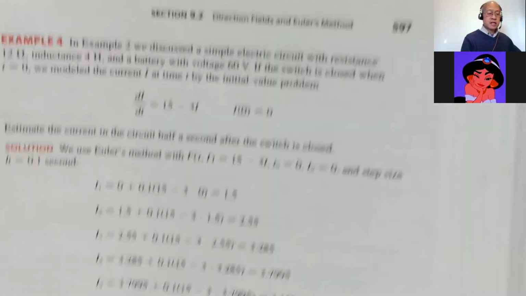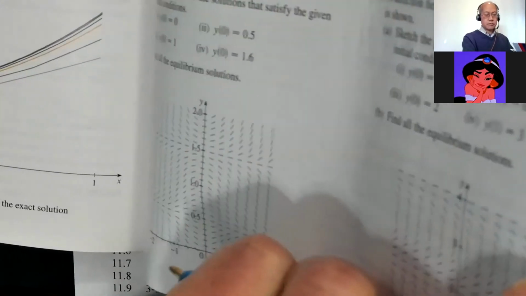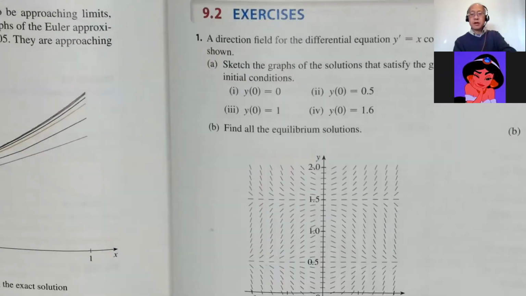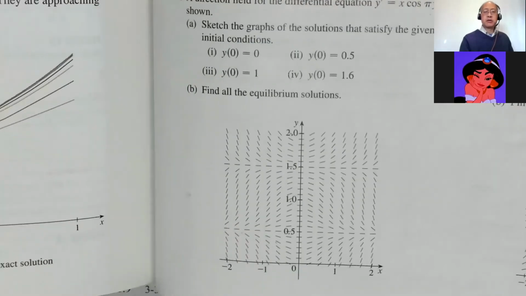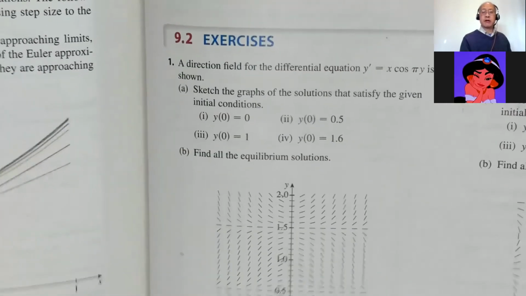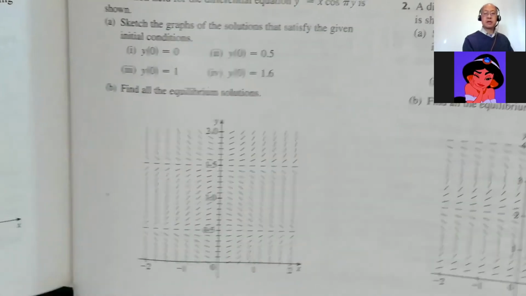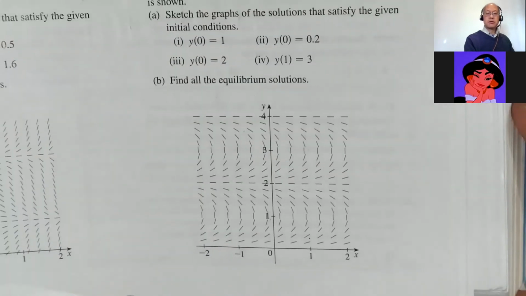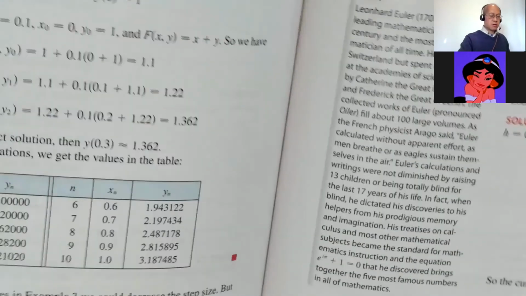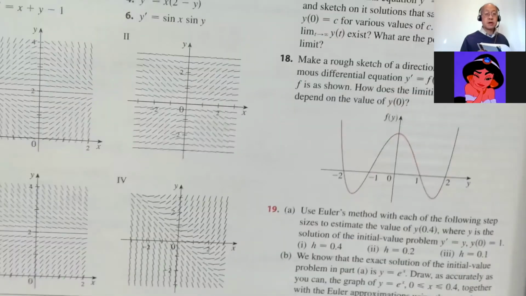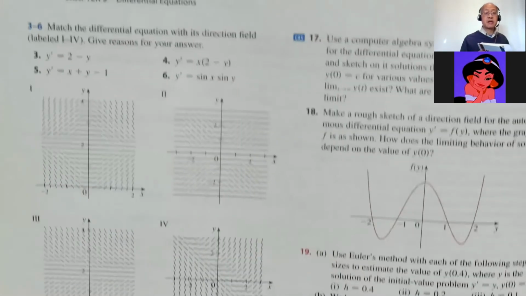All right, so on page 597, 9.2. And let me go ahead and show you the book for those of you who don't have the book and aren't getting it. Page 597. Let's see, problem 1, like so. Problem 2. Next page.